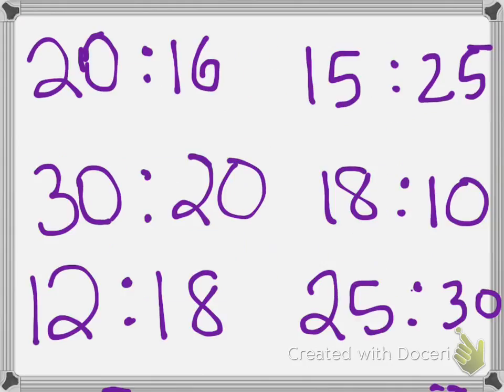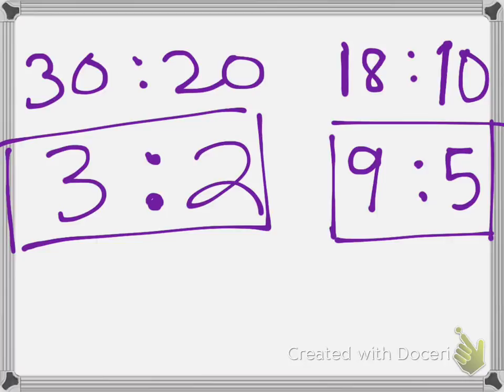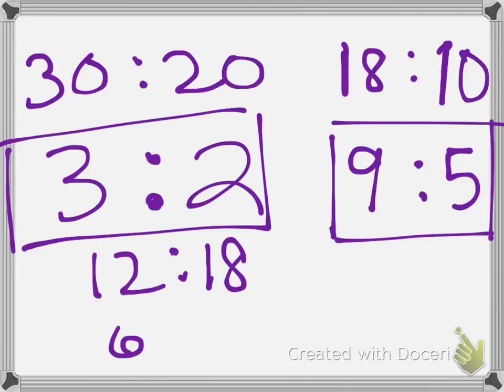Next, our next problem is 12 is to 18. 12 divided by 2 is 6, 18 divided by 2 is 9. Divided by 3 is 2 and 3.